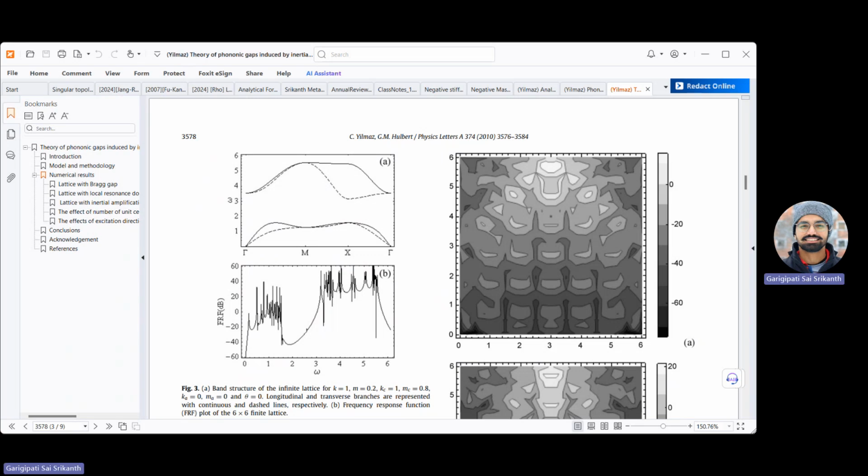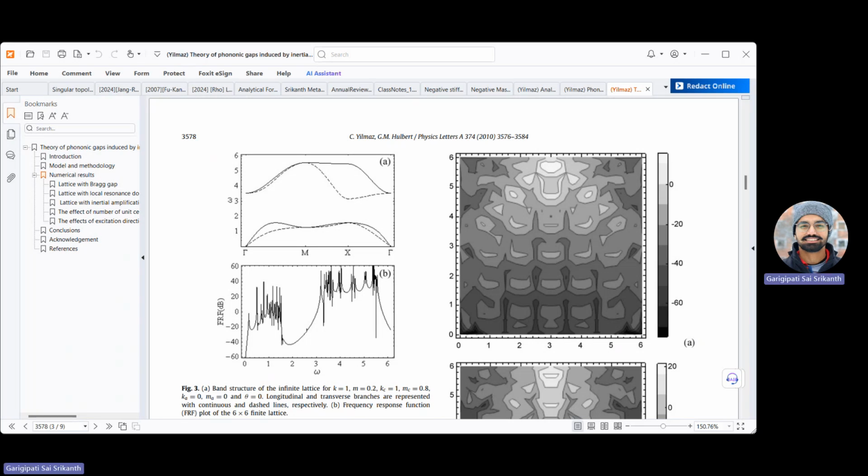Here you see on the left side, the first plot is a 2D dispersion curve, and we have a band gap from around 2 to 3.